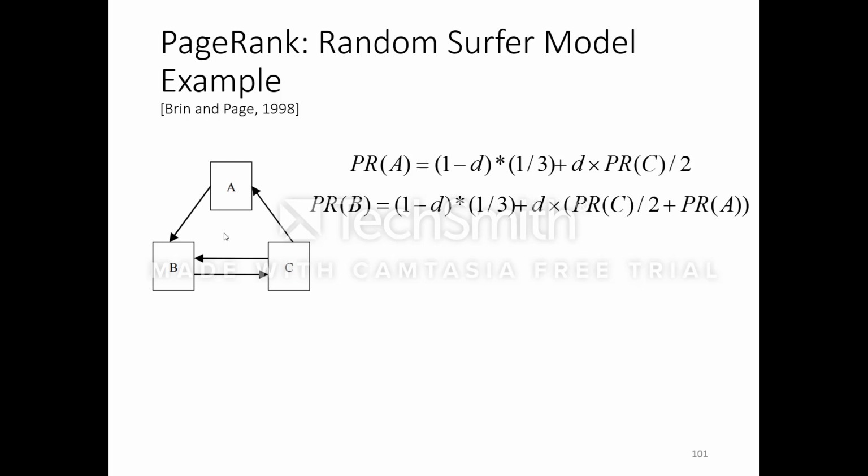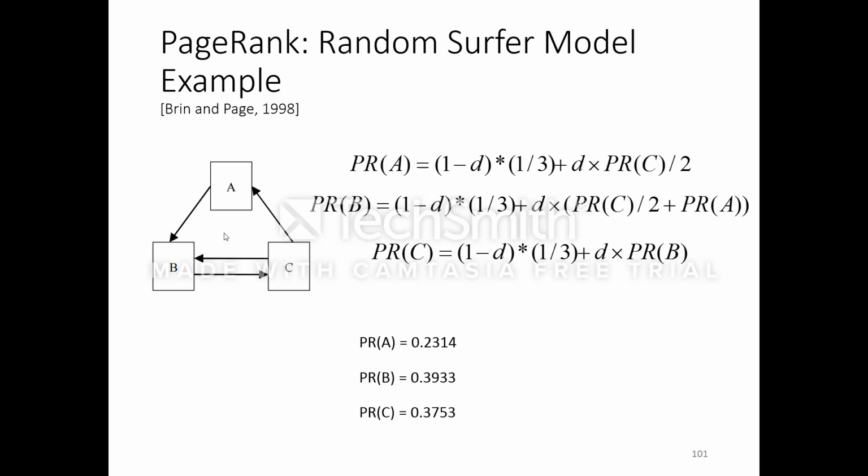So it is D times PR of C divided by 2, right? And the page rank of C is basically 1 minus D times 1 by 3, which is a random choice probability, plus D times page rank of B. Because C has only one link into it, which is from B, and B has only one link outward of it.